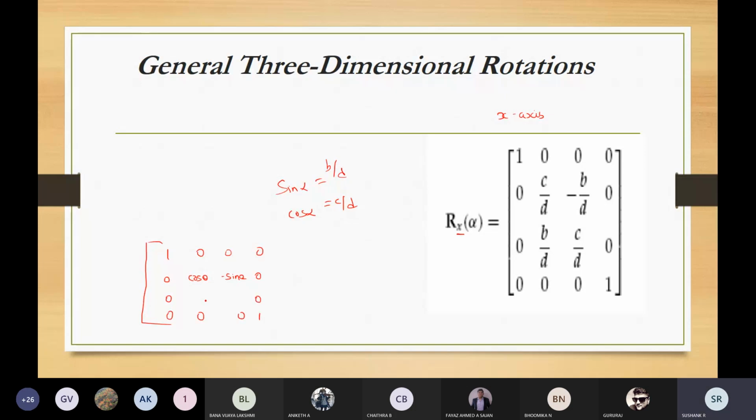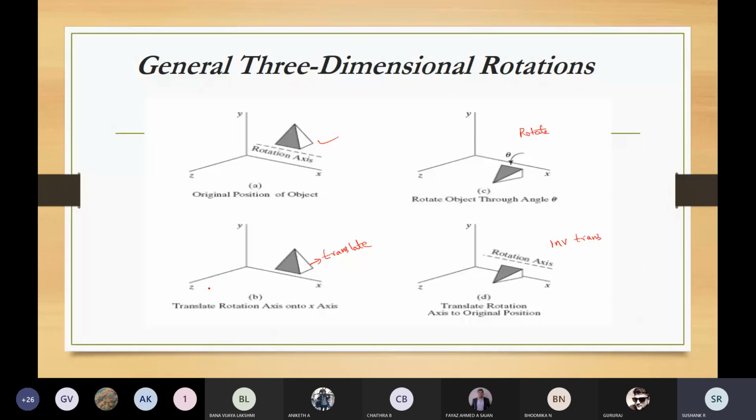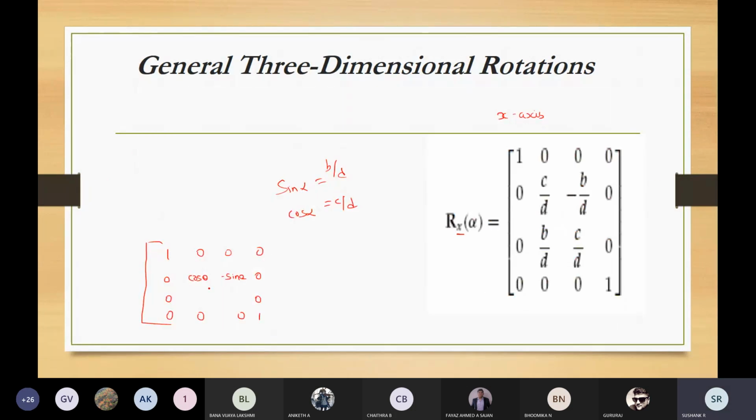We'll check that for your confirmation. Now wherever cos theta is there, replace by c by d. Wherever sin theta is there, replace by b by d.